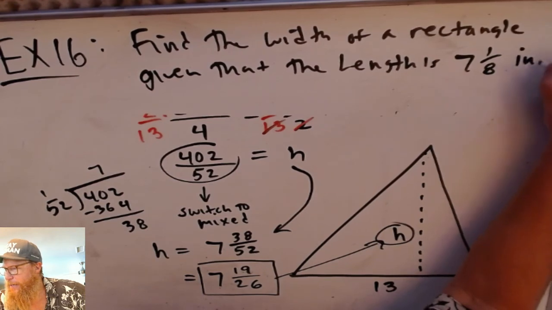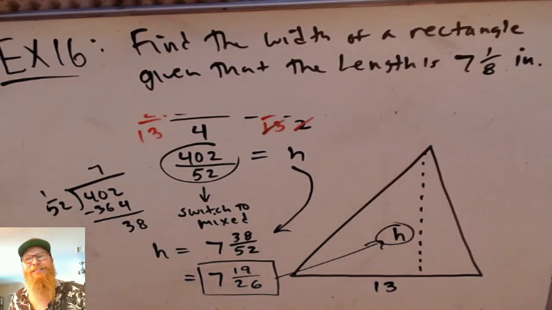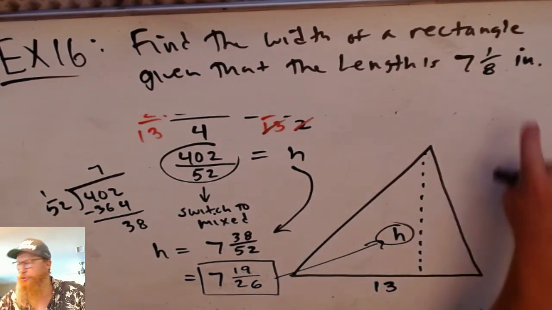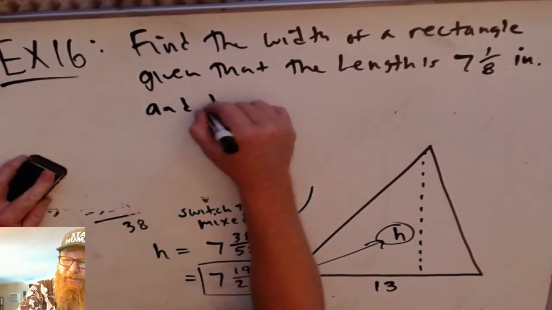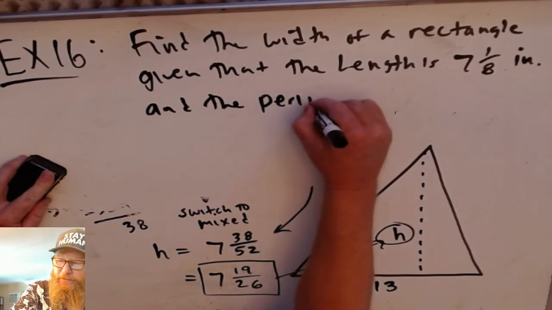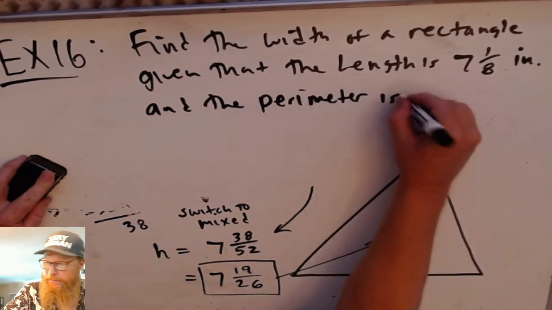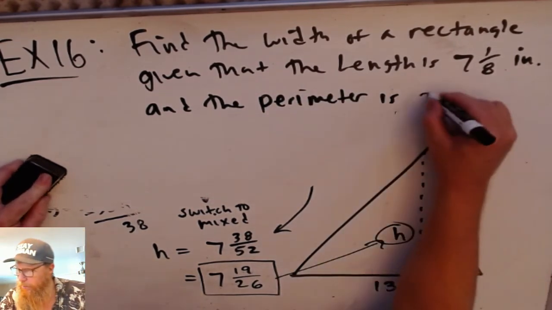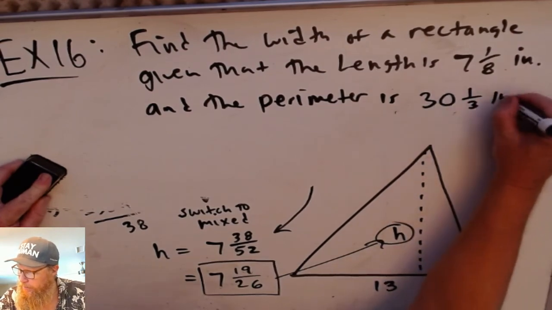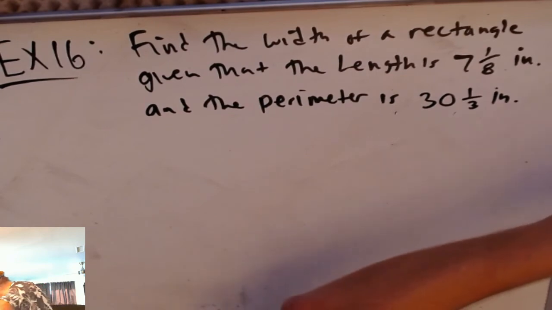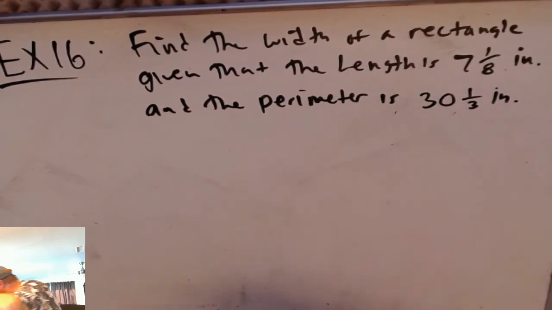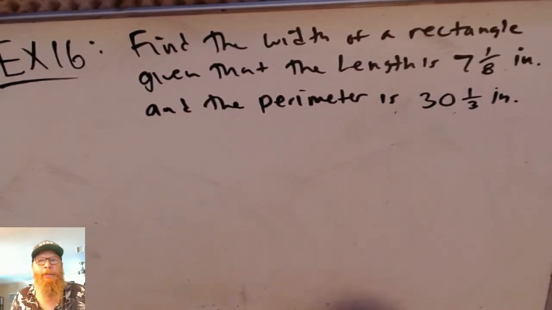I didn't use any units last time. I think it was probably inches or centimeters or something like that. And the perimeter is 30 1/3 inches. Okay.